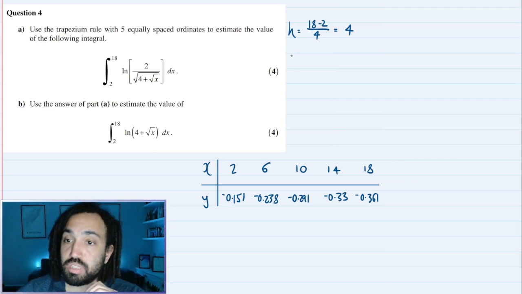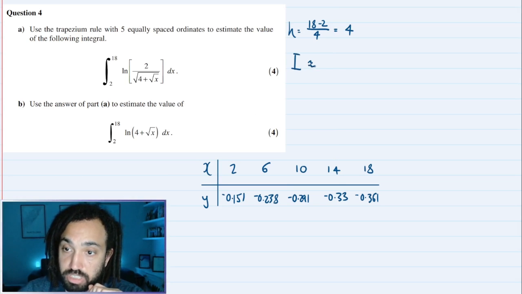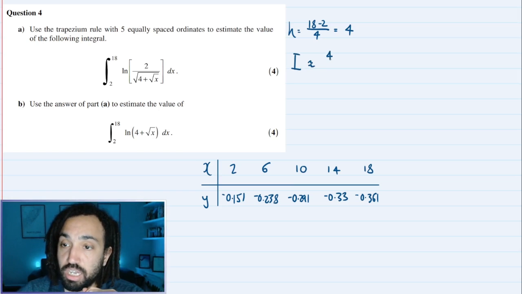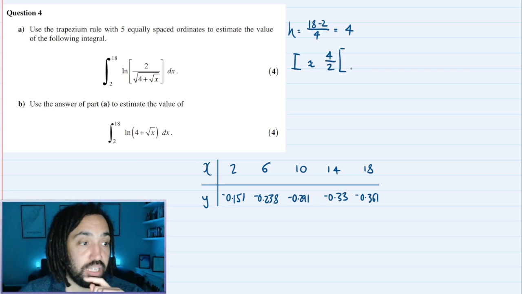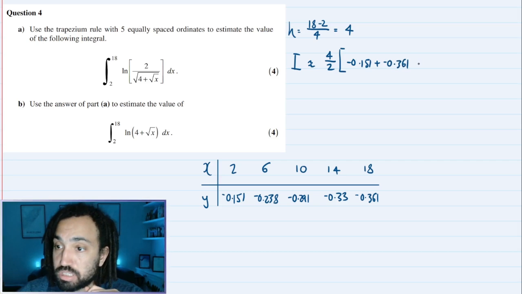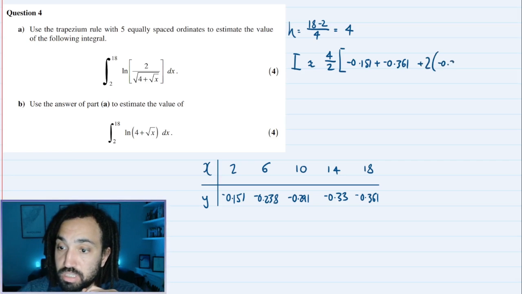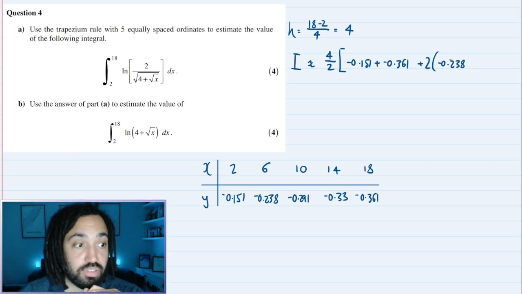Okay, so the trapezium rule tells us that our integral is approximately equal to the height, which is 4 over 2, and then the two endpoints added together, plus 2 lots of all of the middle ones added together.